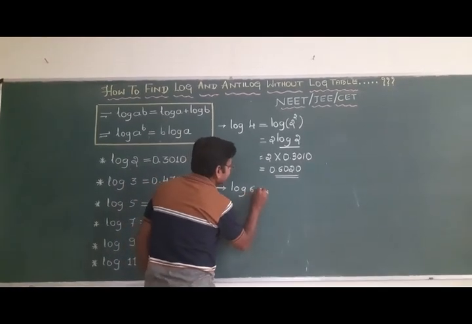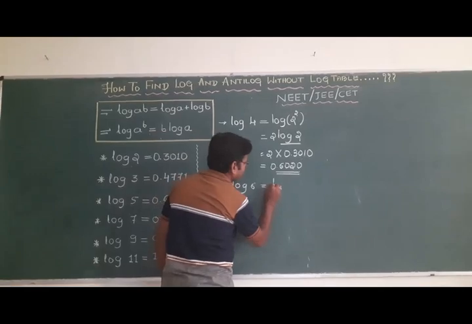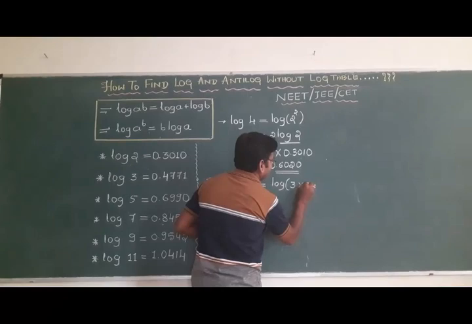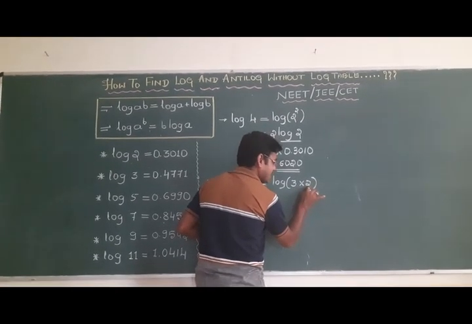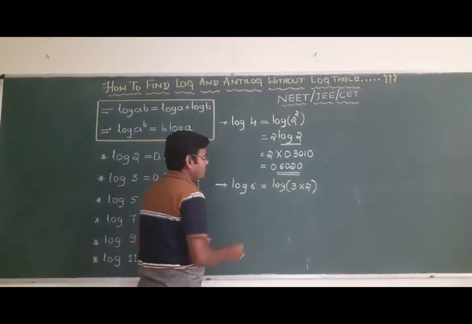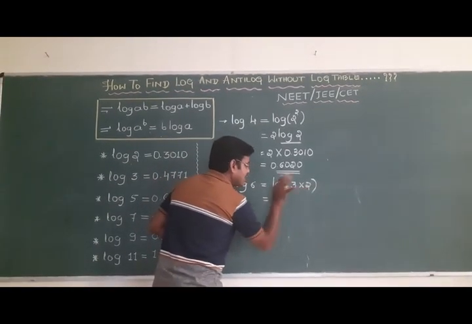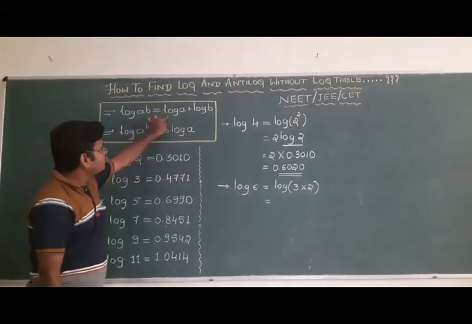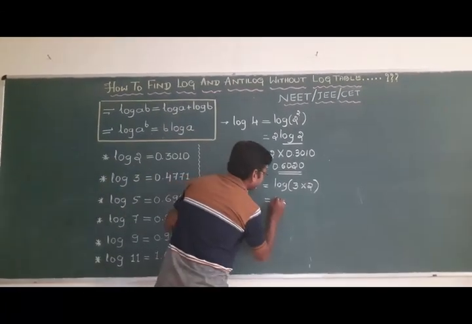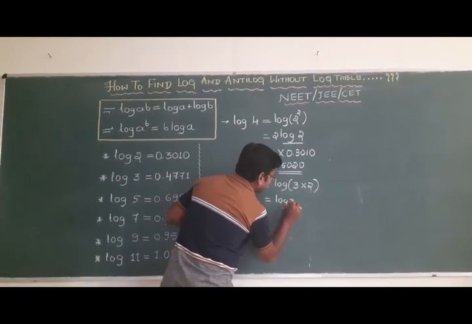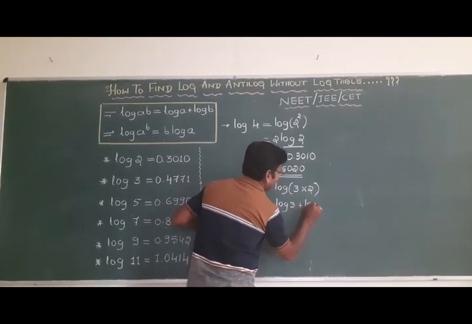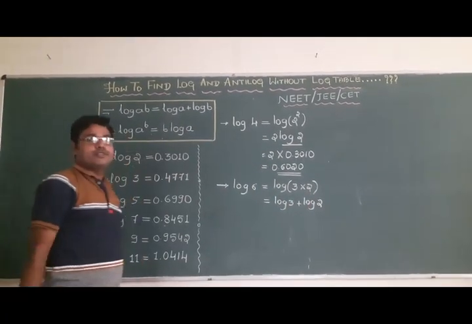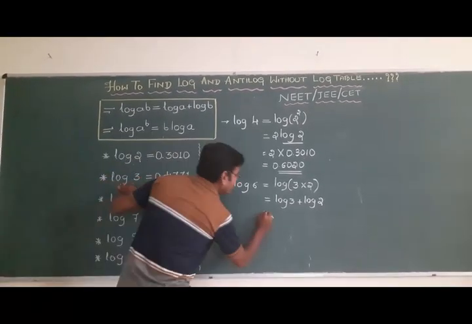Log 6 equal to, let us write this log 6 in the form log 3 into 2. Three 2s are 6. So log 3 into 2 is in the form log a into b. Log a into b equal to log a plus log b. So log a is log 3, plus log b equal to log 2.